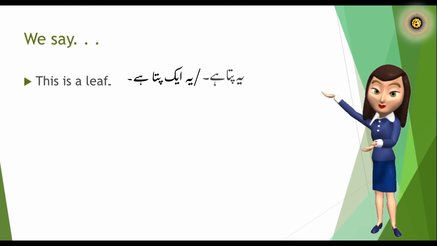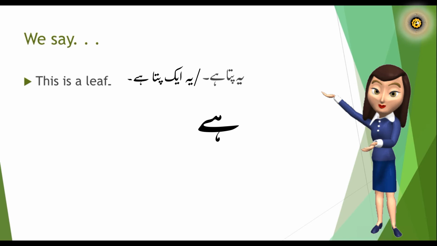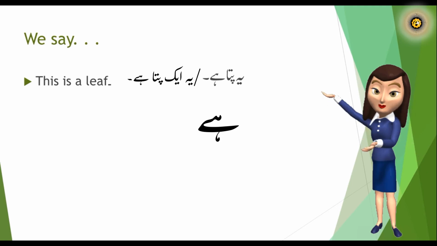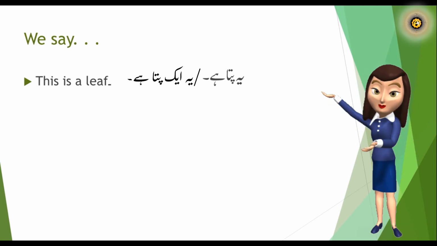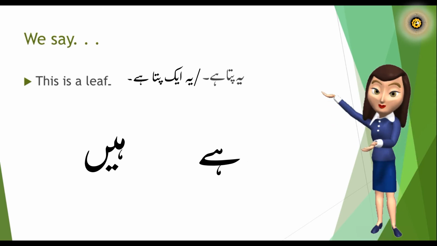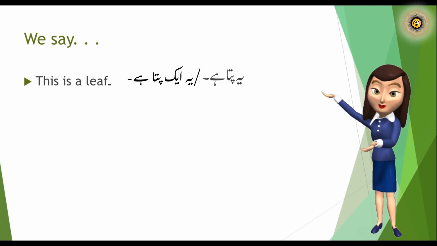Also remember that when we are talking about one thing, we say hai. In Urdu, we identify a singular thing by the word hai, and if the thing is plural or more than one, then we say hain. Hai for one thing, hain for more than one thing.